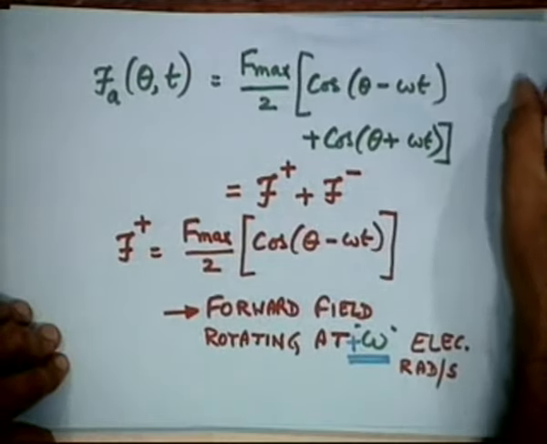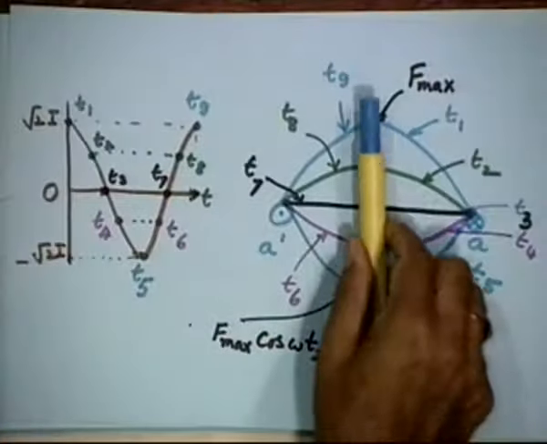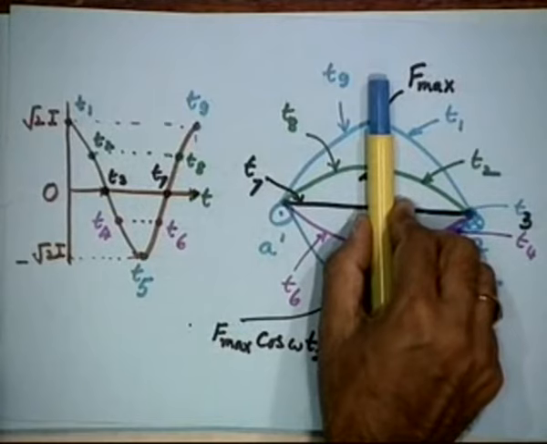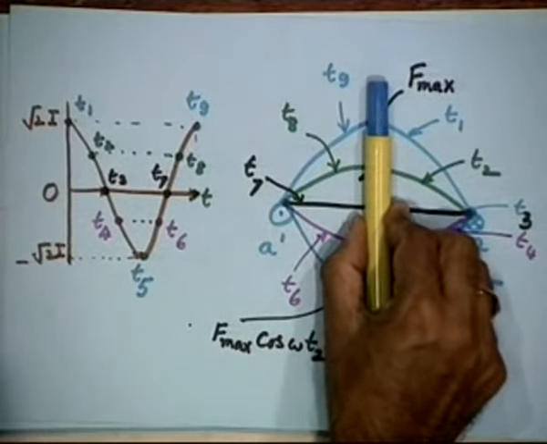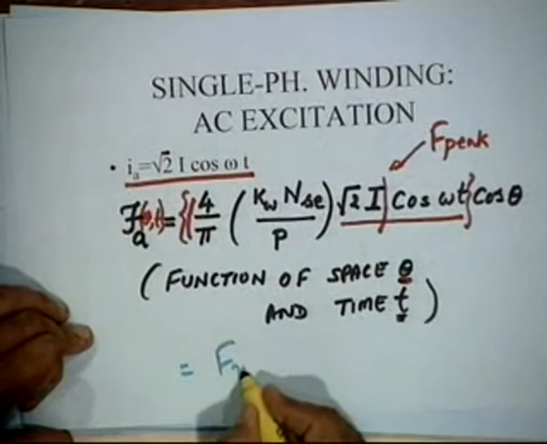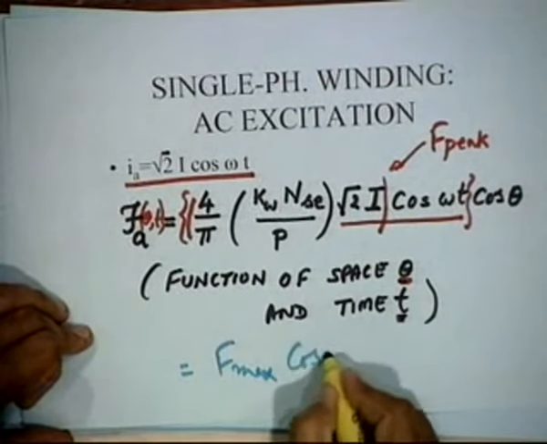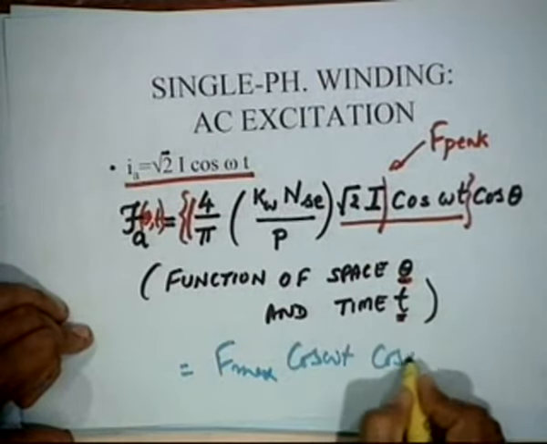So what we have is an oscillating MMF at the same axis, which is given by this expression, F max cos omega t cos theta.